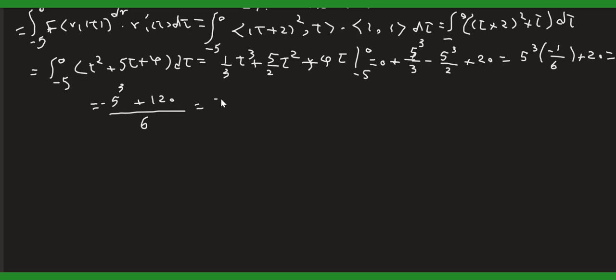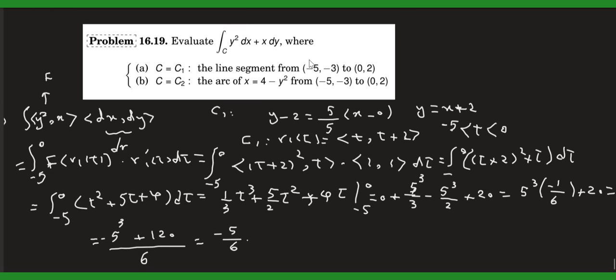For the other one we had the same, here it was the arc of x equal to 4 minus y squared from this point to this point. Actually it is the same, just a different parameterization, which we can write as C2.